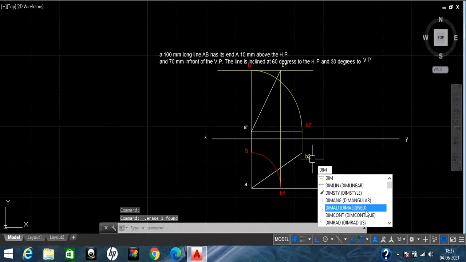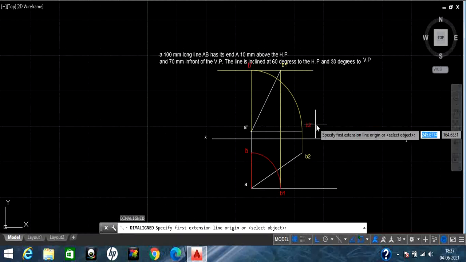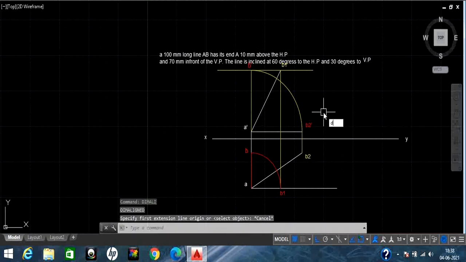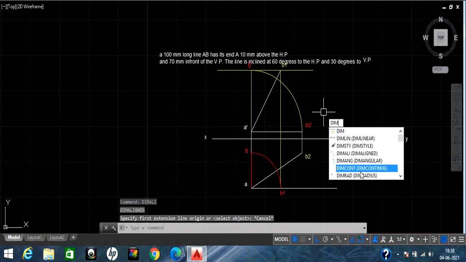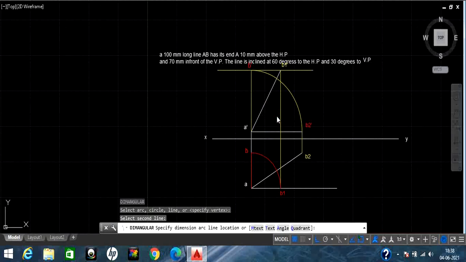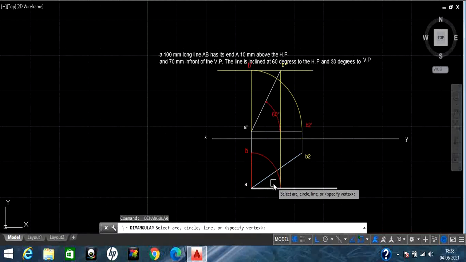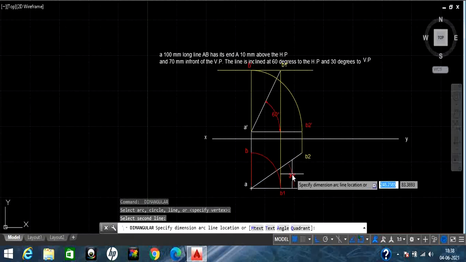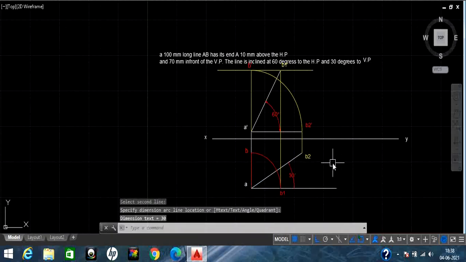Dimension angular, DIM. Select these two lines, the angle is 60, and again select these two lines, it is 30. 60 and 30 degrees.